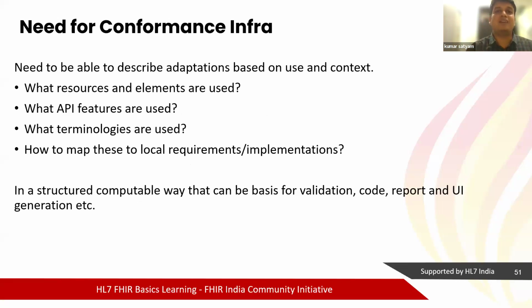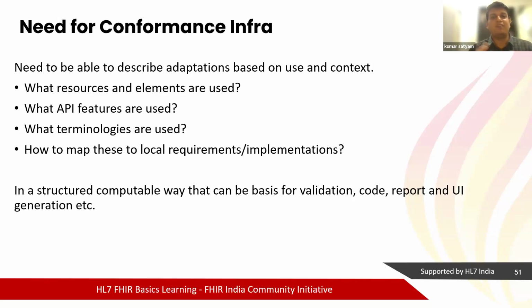You need to have conformance, right? There has to be a way to declare conformance. In that, what do you need to declare? What are your resources? What are the elements you are using? What API features are you using? What terminologies are you using, and so on? What is required? What is optional? All those things.